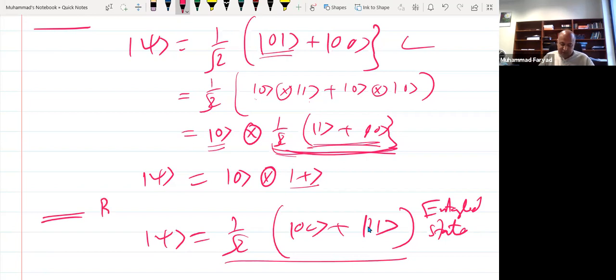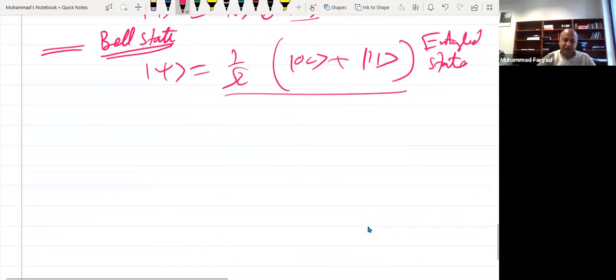It's called a Bell state. And there are 4 maximally entangled states for a two qubit system.